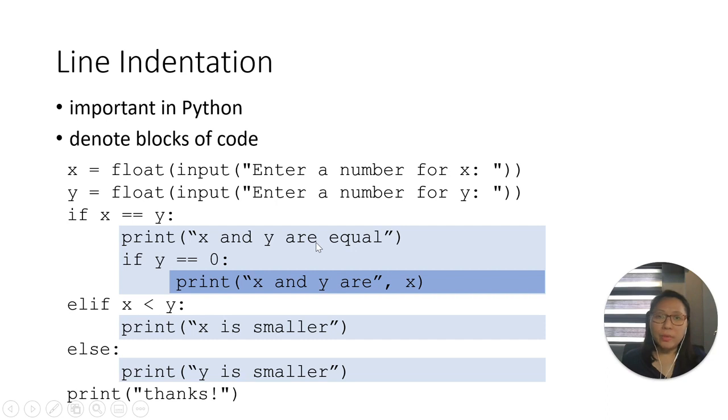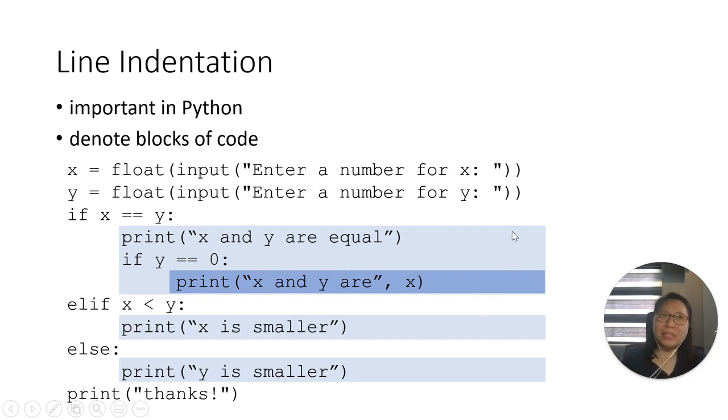And in Python, line indentation is very important because of this reason. Here you will see the line of code that has a darker blue shade. It means that it is an inner block. So this is the block for this one, and at the same time this belongs to this bigger light blue block as well.